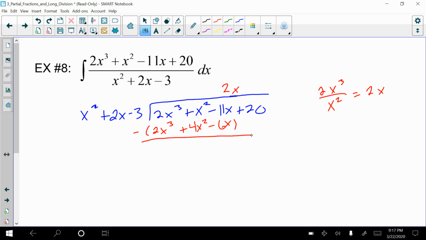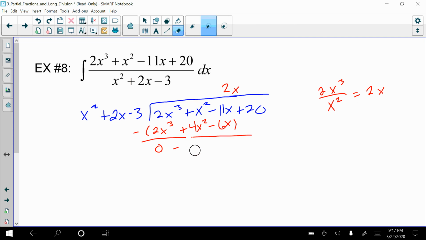So subtracting now, 2 minus 2 gives me 0. 1x squared minus 4x squared gives me negative 5x squared. And then negative 11x minus negative, oops, I did that backwards, didn't I? I'm not paying attention.